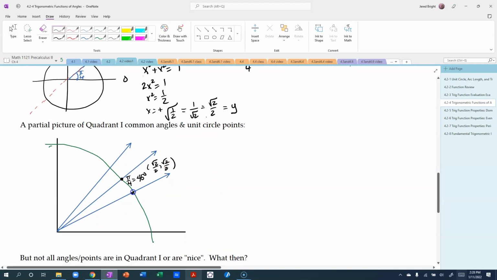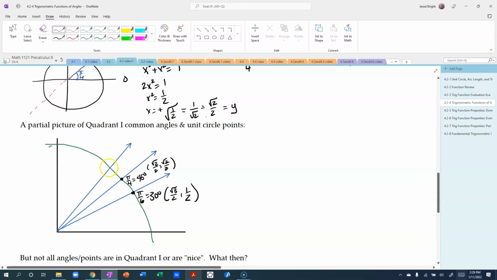This other one that we looked at was pi over 6, which is also known as 30 degrees, and for that angle, it was square root of 3 over 2 and 1/2.